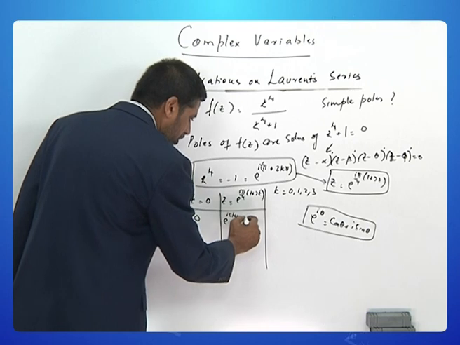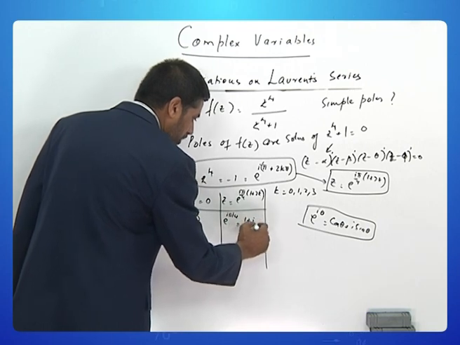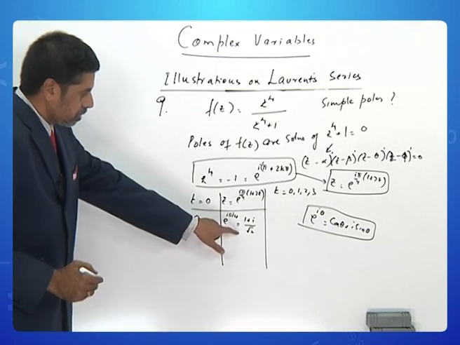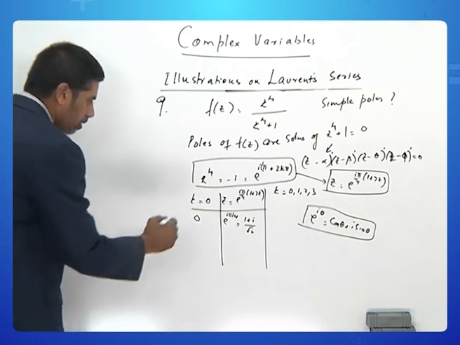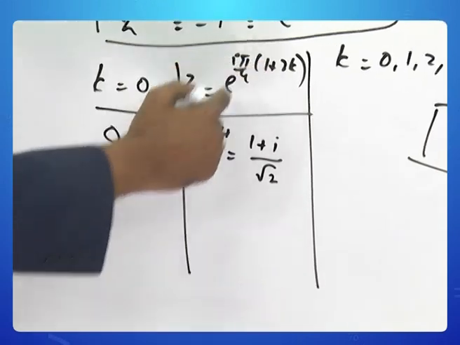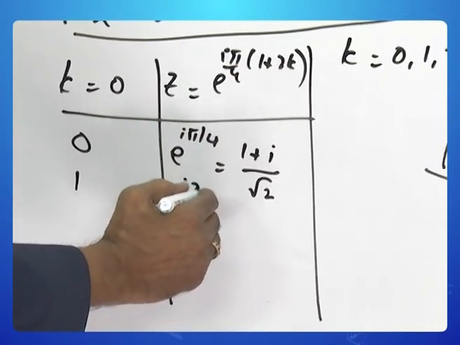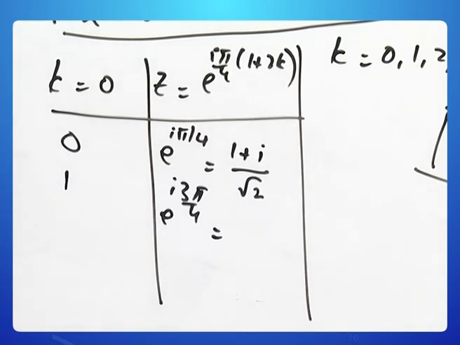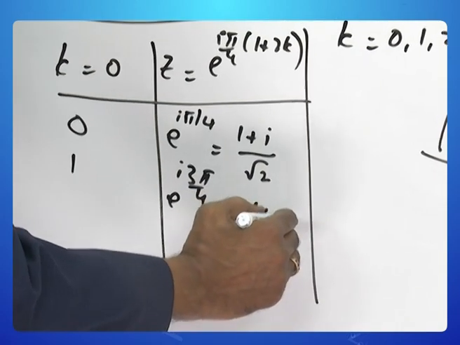So we will have 1 plus I by root 2. So this is one of the poles. For k is equal to 1, this becomes e power I 3 pi by 4, cos 3 pi by 4 plus I sin 3 pi by 4. So we will get minus 1 plus I by root 2.